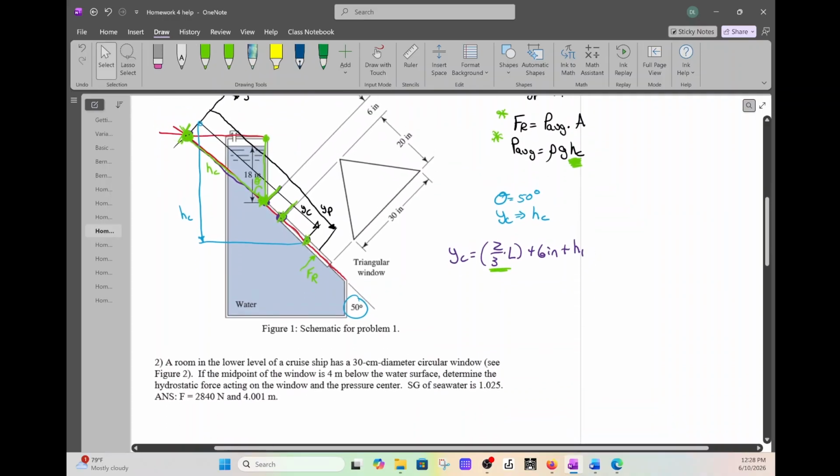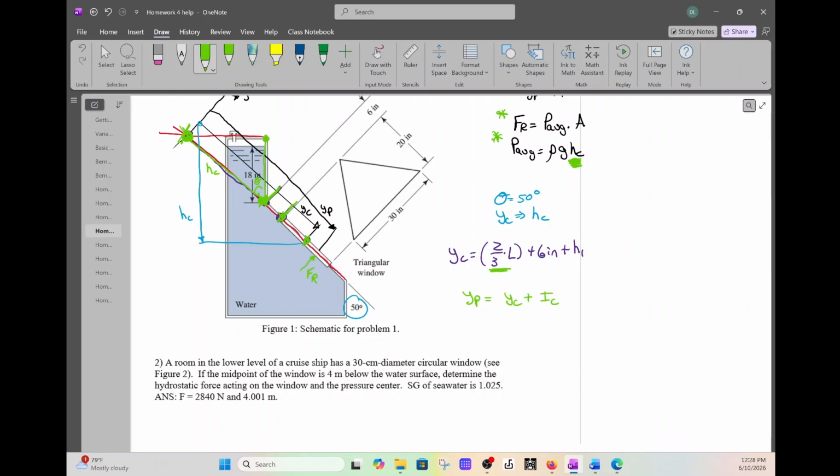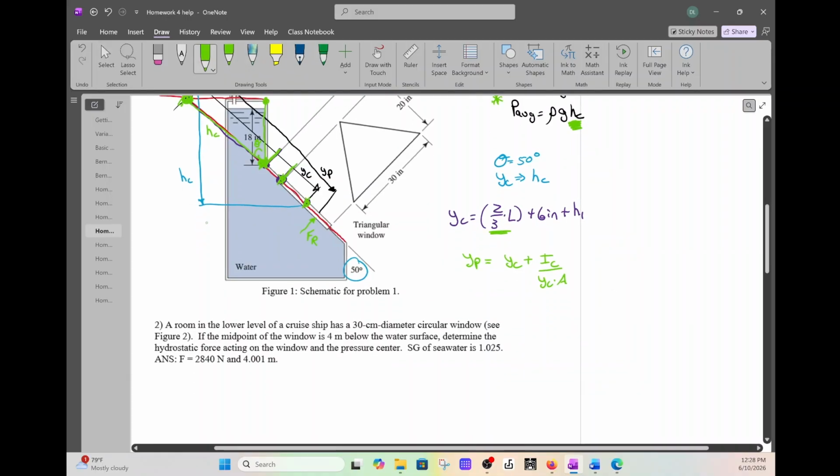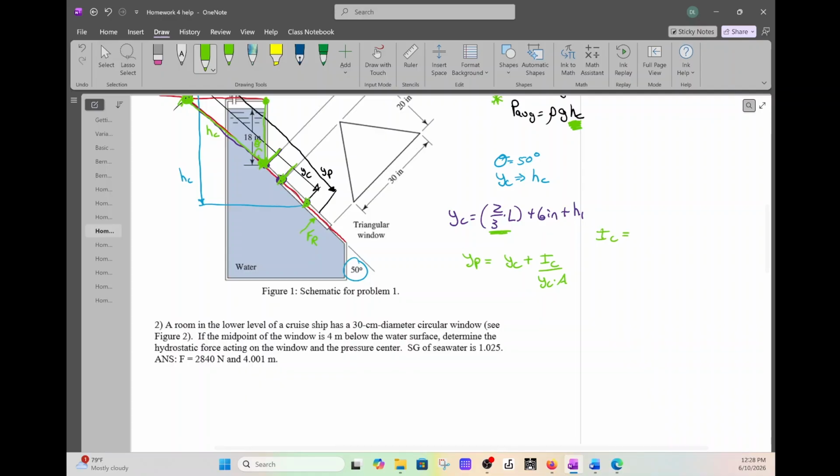And then we know that YP is going to be YC plus IC divided by YC times A. For a triangle, IC is, and you can find this in your book, WL cubed over 36.